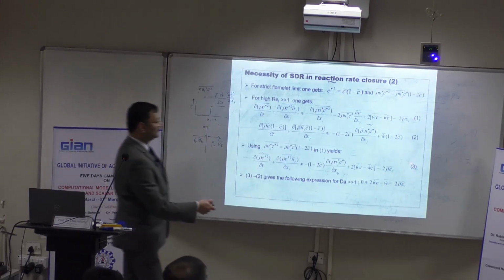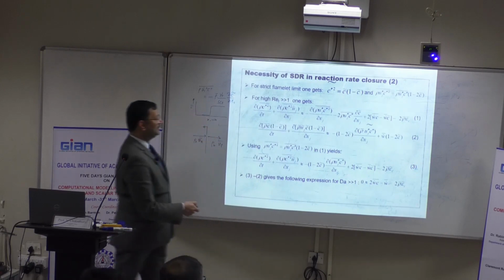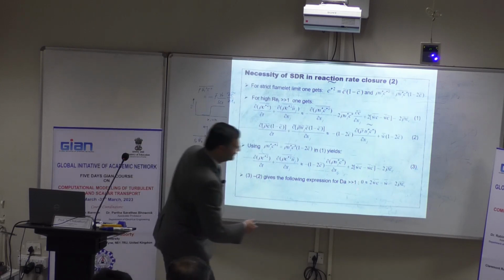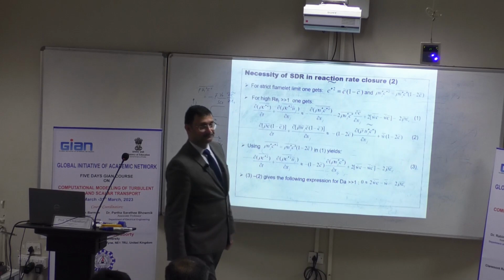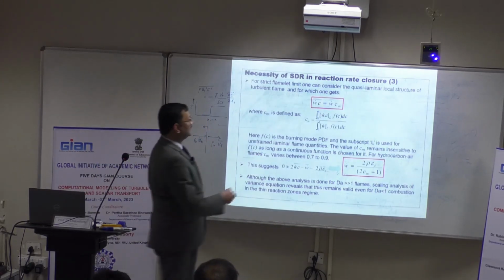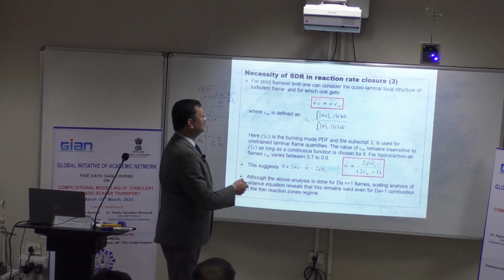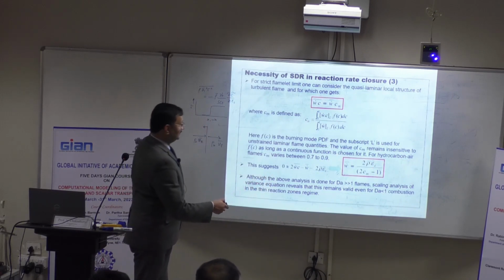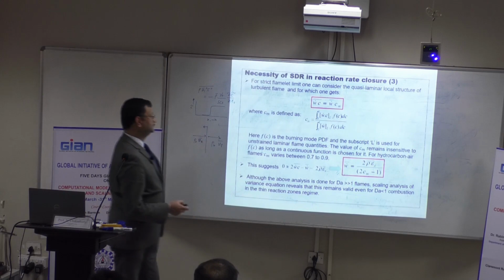So if you use 3 minus 2 for very, very high Damköhler number, ultimately it boils down to this. And that effectively gives you ultimately this relation.